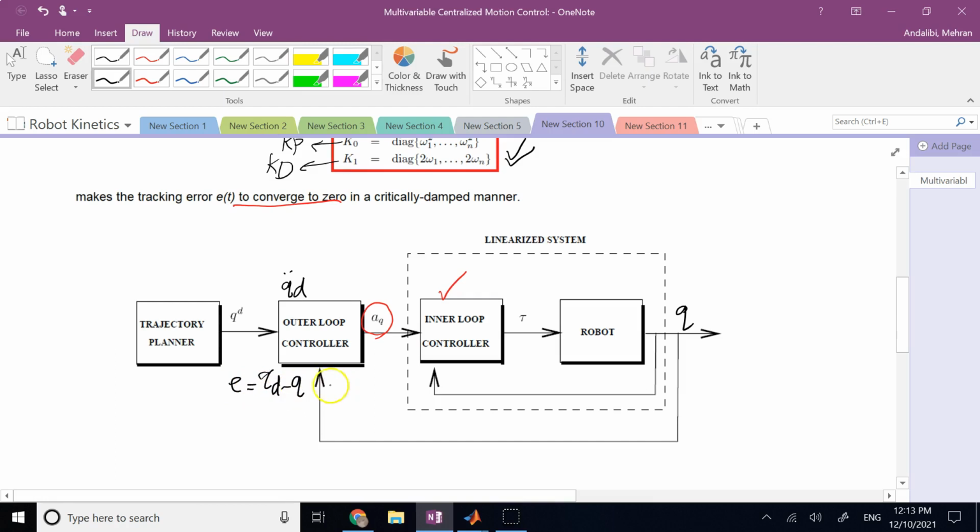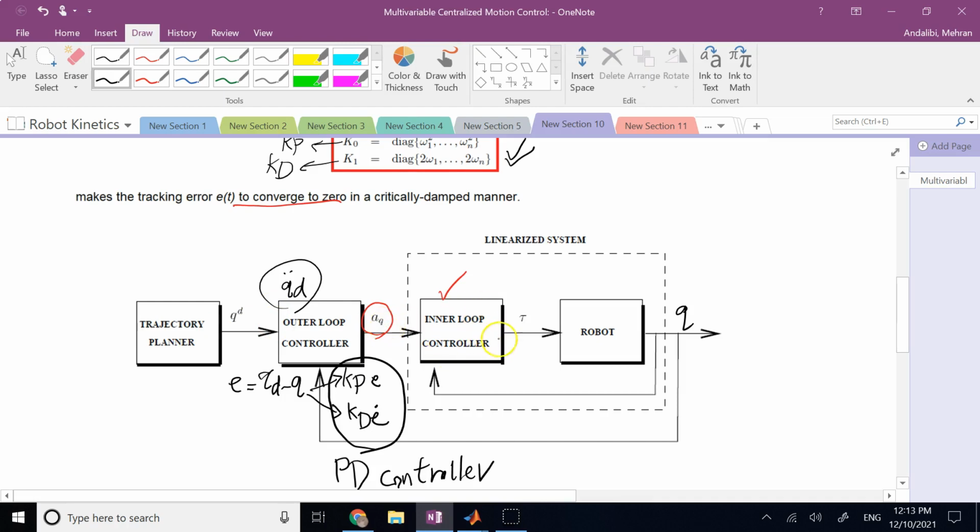And then once it has error, it can generate the KP times error and the KD times error dot. So the PD controller, here, let me add it down here. This PD controller is inside this outer loop controller. Plus, of course, the double derivative of the feed-forward term. That's where the AQ is generated.